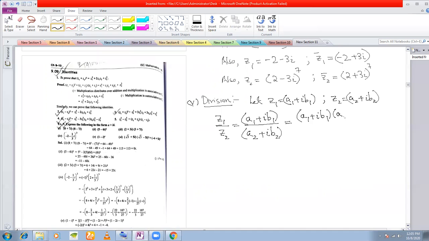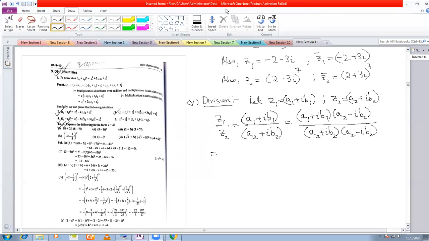The conjugate of the denominator will be a2 minus ib2. Okay. Remember to multiply the numerator and denominator by the conjugate of the denominator.